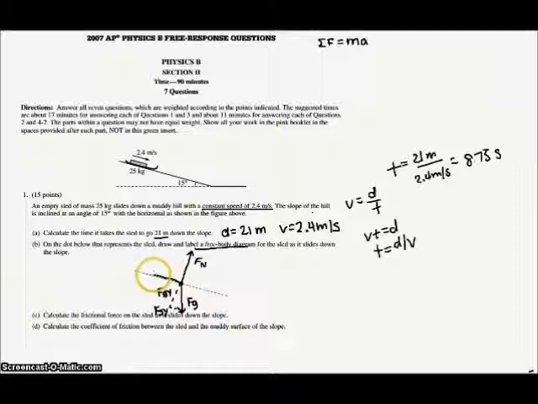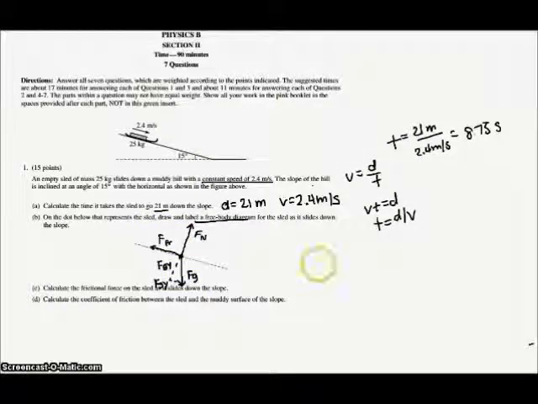So let's draw a little thing, friction right here. So force of friction. I had a bit of a problem with friction, but if you draw out the free body diagram, it makes it more clear. We see here that friction is going this way. The force of friction is going this way.